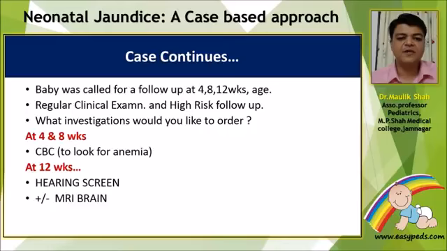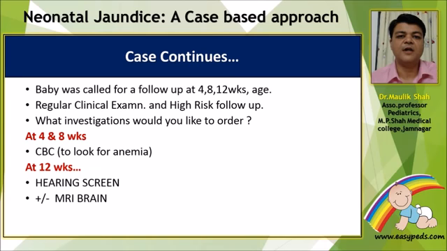The baby was again called for a follow-up at 4, 8, 12 weeks of age. Regular clinical examinations and high-risk follow-ups were also done. The next question to you all is, what investigations would you like to order?